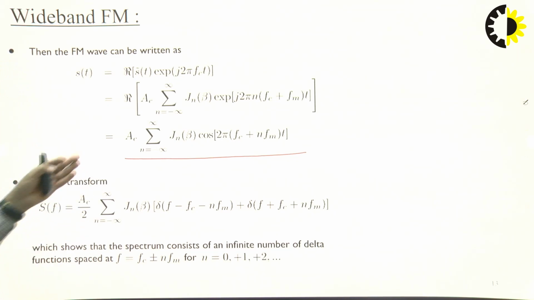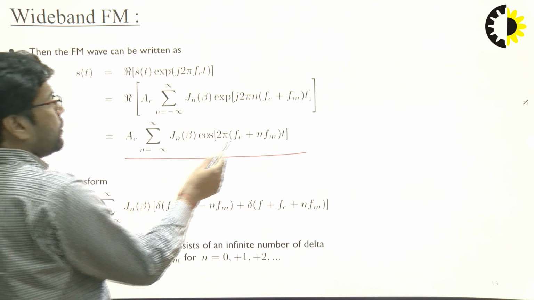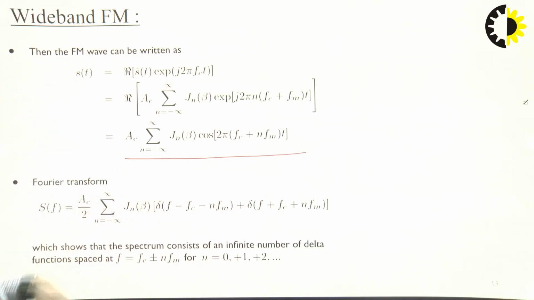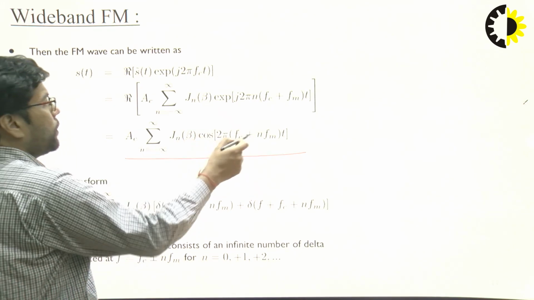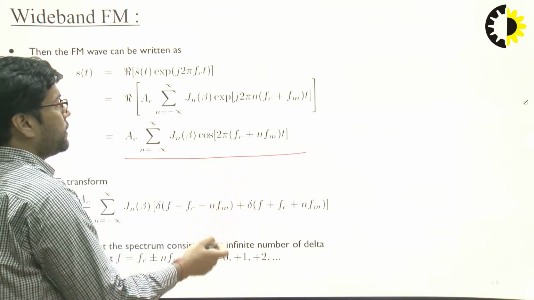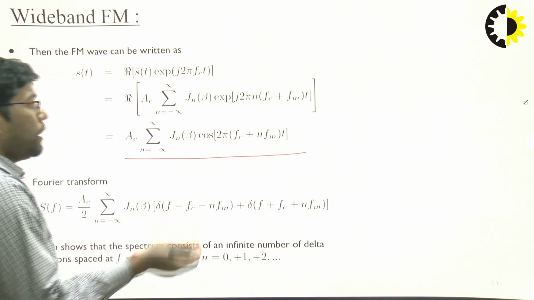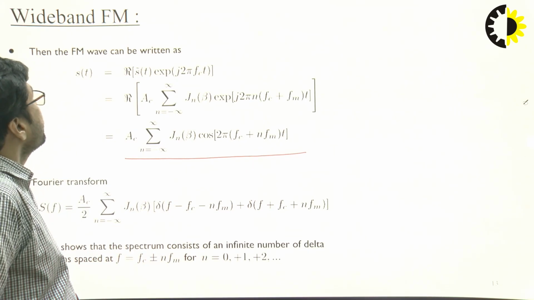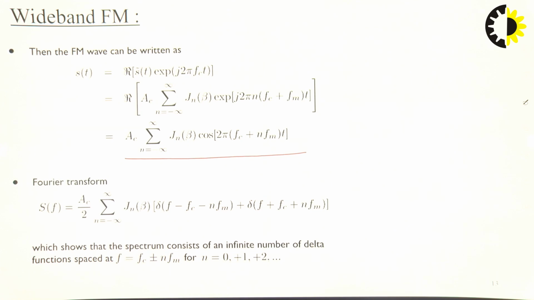You can observe here, these are the sidebands. If you put n equal to 0, then you will get the carrier frequency. If you put n equal to 1, the first sideband, then second sideband, third sideband, fourth sideband. So you will have infinite sidebands in the case of wideband frequency modulation.